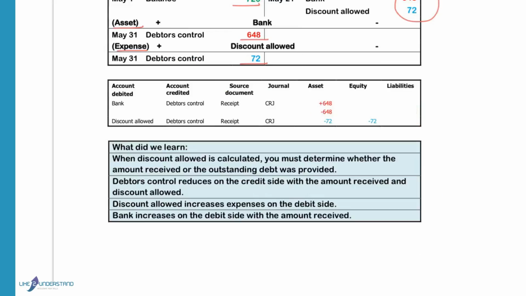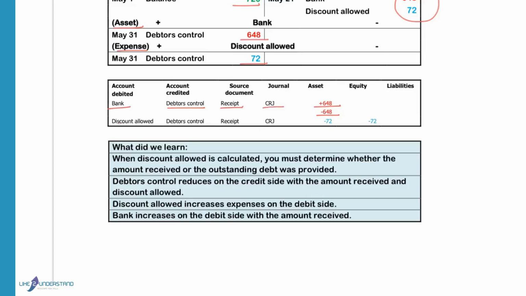The bank account is debited to increase assets with 648. Debtors control is credited to decrease the assets with 648. The source document is a receipt, and we record this entry in the cash receipts journal.